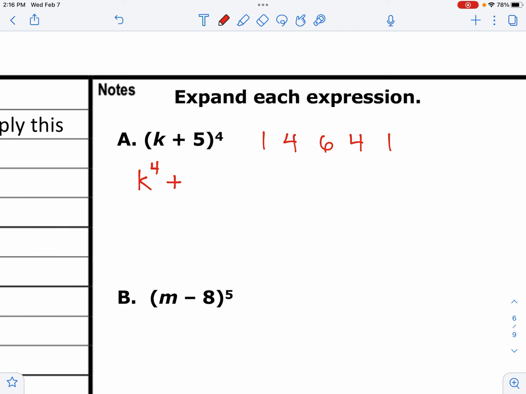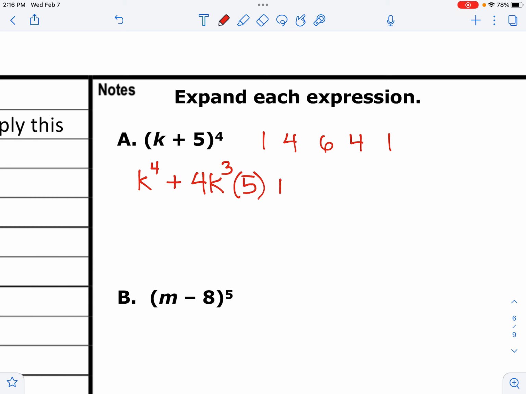Plus, now my next coefficient is 4. Put a 4 in front. Now this will be k to the 3rd, 1 degree less. And now here, I'm going to have 5, and it's going to be 5 to the first power, so I'm going to put it in parentheses. You can write to the 1 if you want, but I usually don't.